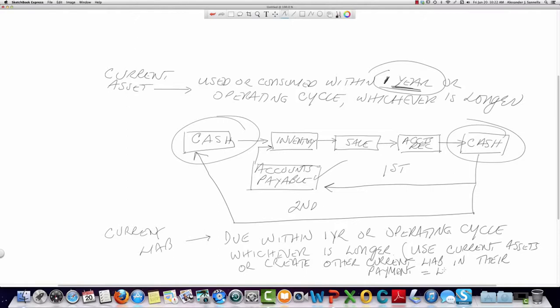Sometimes called liquidation of liabilities. So current liabilities will be paid from current assets, or you create other current liabilities.